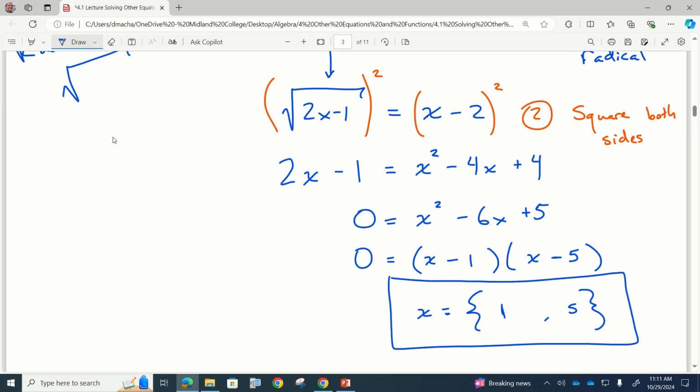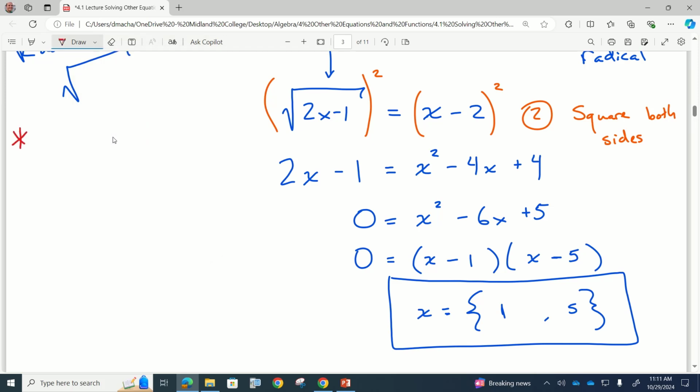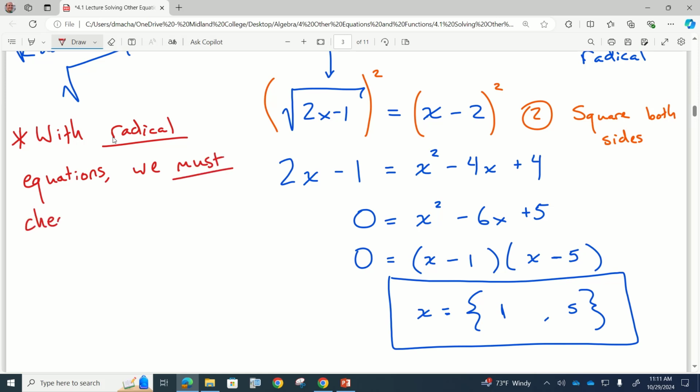Now here's the weird part. Whenever we have a radical equation, you absolutely must check your answers.